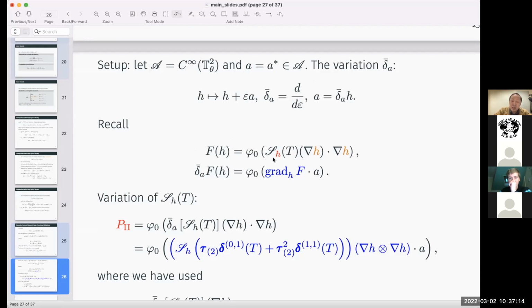The right-hand side has three spots where they depend on h, this red and orange. When you compute the derivative, we're going to apply the standard Leibniz property, right? I will only compute the variation, the derivative, of the red part.